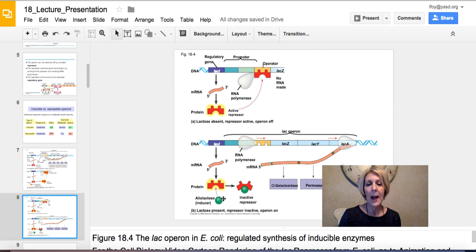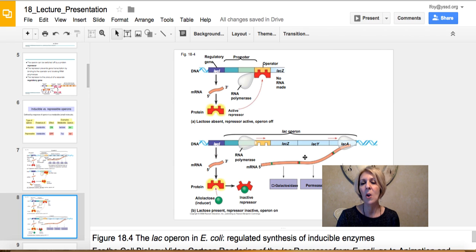This allolactose bonds to the repressor protein, making it inactive. Remember, this is only when lactose is present. Now that inactive repressor falls off the operator, the RNA polymerase can fit onto the promoter, and it starts transcribing these structural genes. And here's my piece of messenger RNA for those genes.